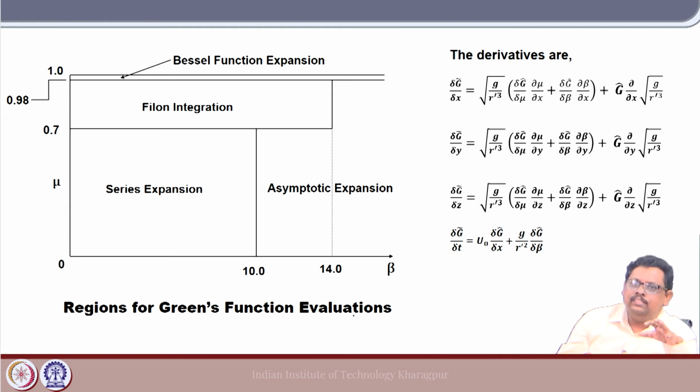Today we are just telling you one thing: when you do the integration of the Green's function, there are two components, one with G0 and another with the free surface Green's function GF.